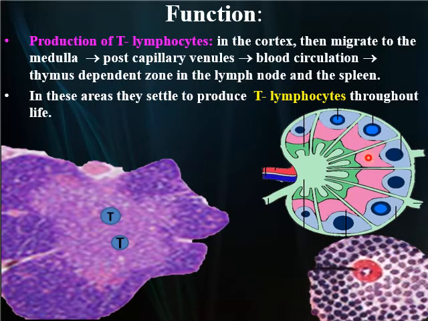Do you remember? In the lymph node, it is paracortical. In the spleen, it is present around the central arteriole. So they will migrate from the medulla of the thymus to the thymus dependent zones in the lymph node and the spleen, to be settled throughout life.